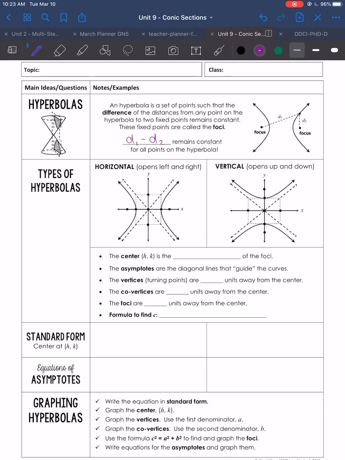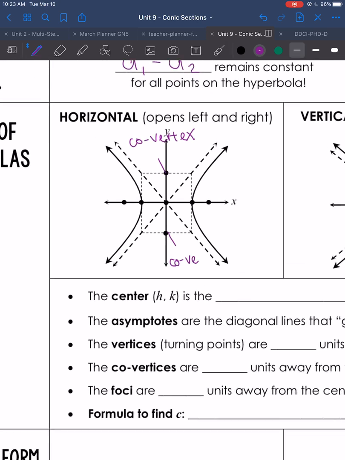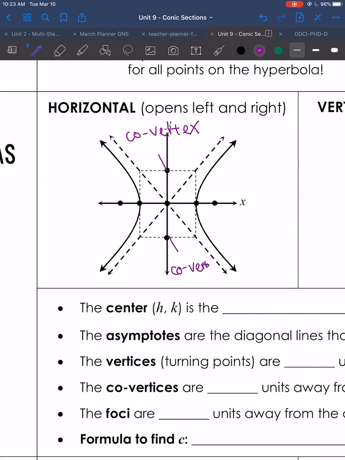And so there's two types of hyperbolas, like there were two types of ellipses, a horizontal one and a vertical one. So let's label this. These are our co-vertices. Let's zoom in. These are my foci.